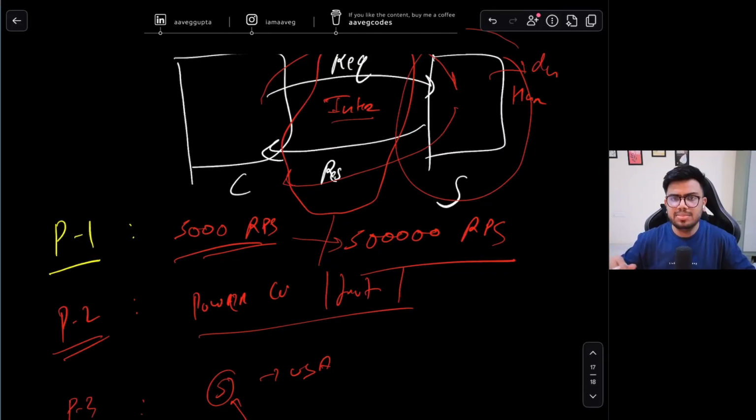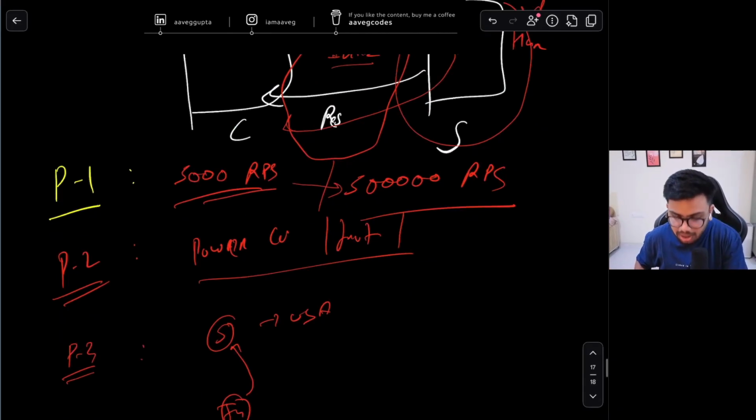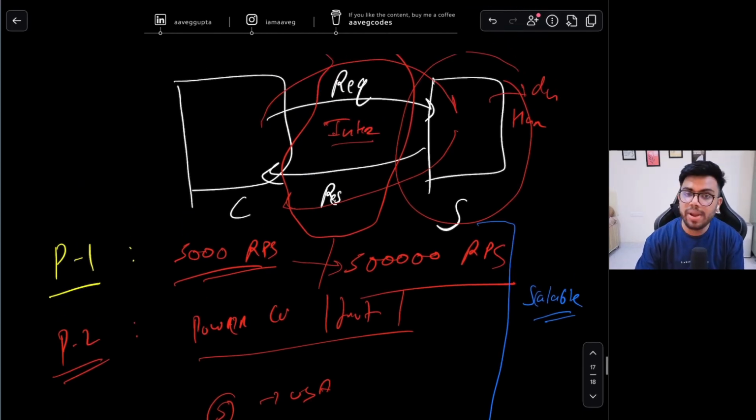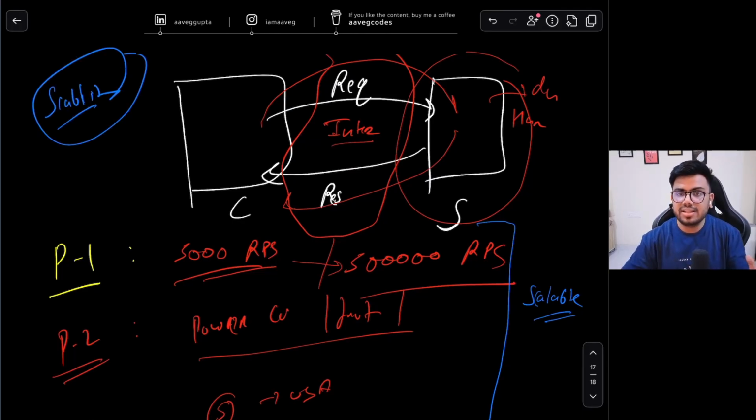Now, in this module, we are going to discuss how exactly we are going to solve these three problems. To solve them, we need to make our system scalable. And if you remember, in the last lesson of the last module, the last word in the vocabulary we discussed was scalability. What was scalability? Scalability is the ability to handle growth.